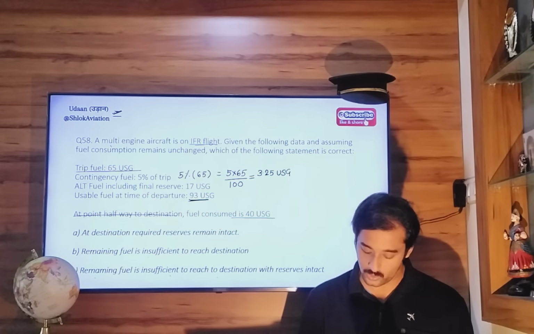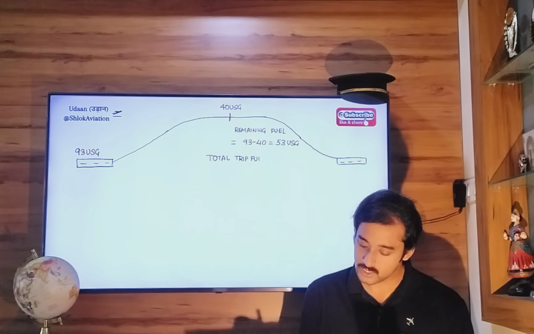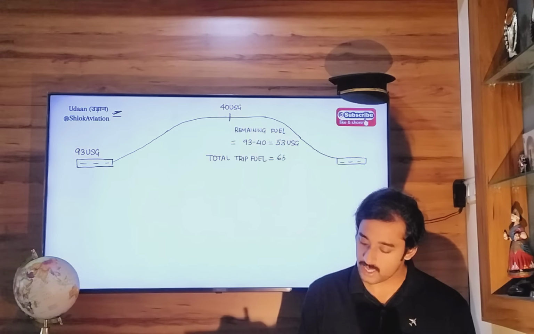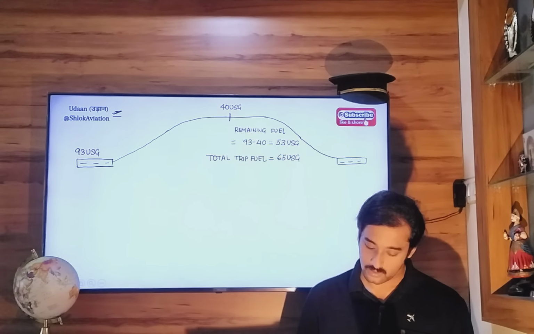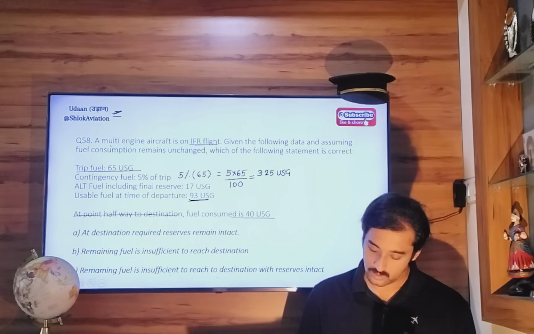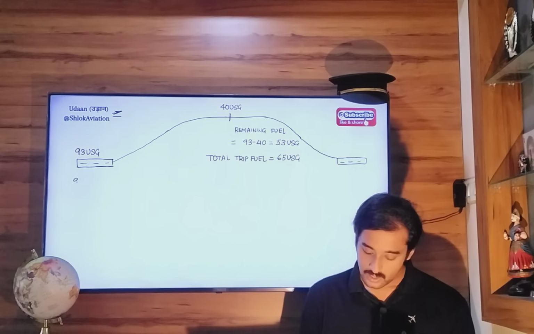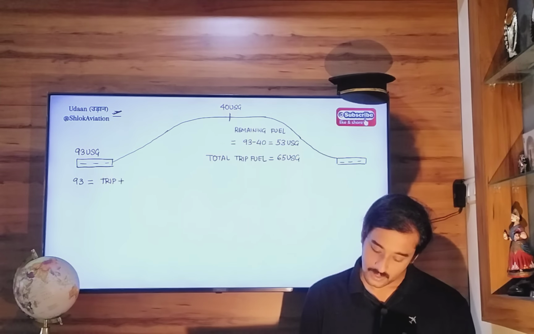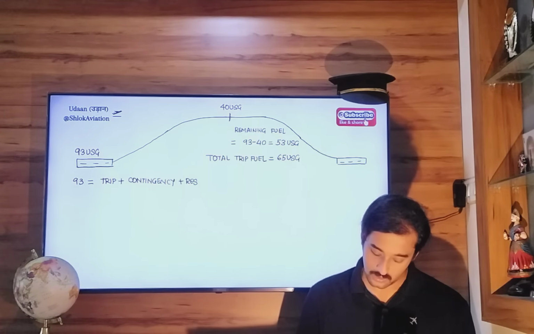Now total trip fuel is 65 US gallon. This usable fuel of 93 US gallon is made up of trip fuel, contingency fuel, and reserve fuel.